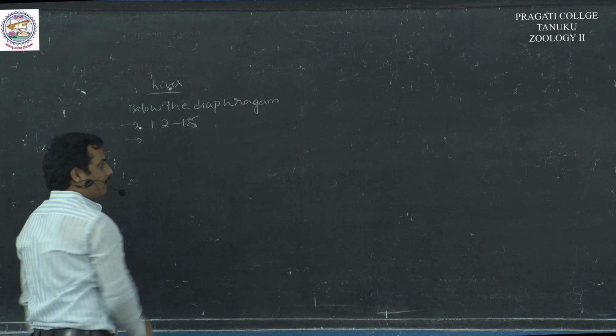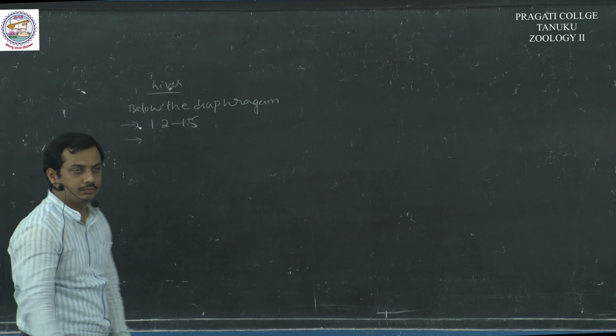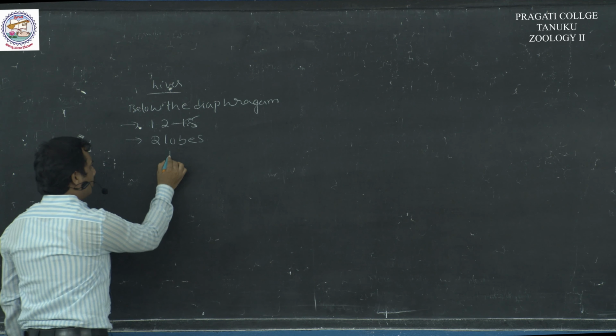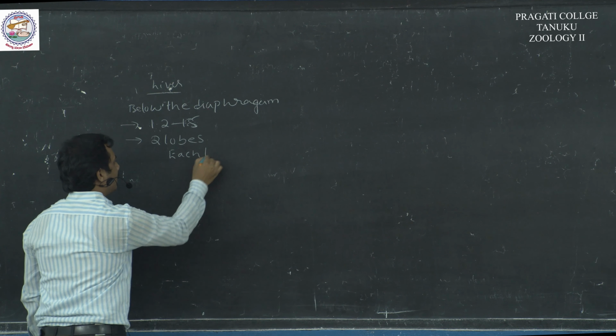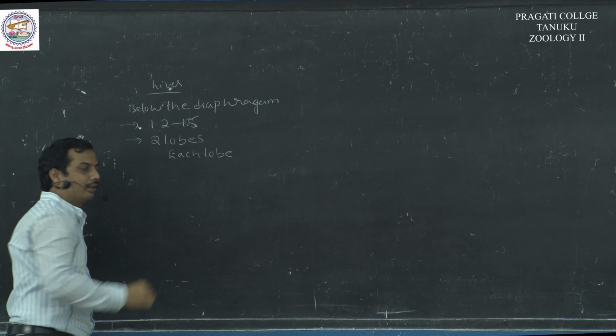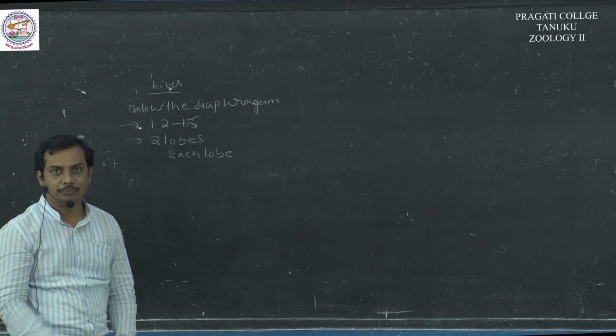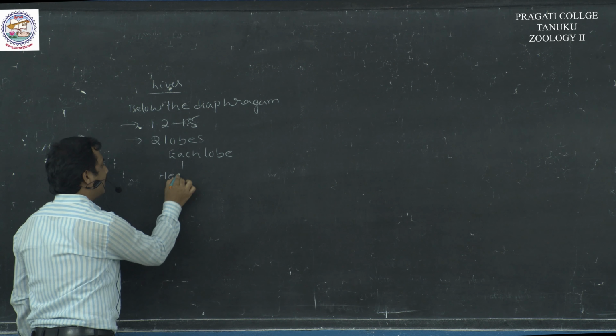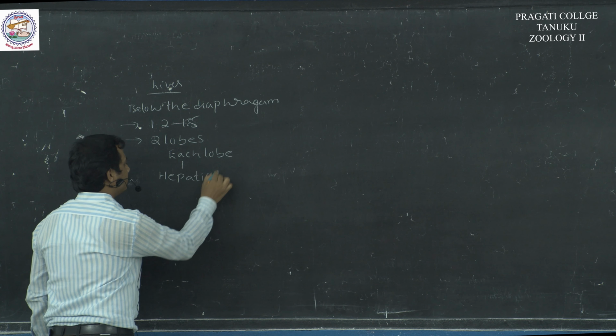The liver is made up of two lobes. Each lobe contains many hepatic lobules.